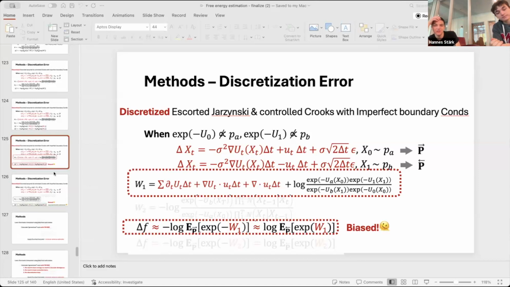Okie dokie. Any other points we should talk about? I still want to ask, if you have a system of say 100 dimensions, how possible is it to calculate the absolute free energy difference using, for example, grid or respect to Gaussian?